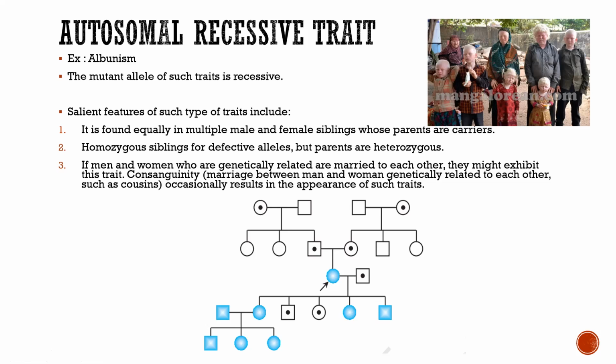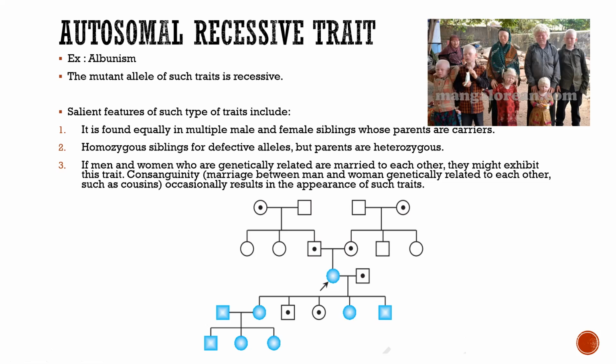But as it has undergone mutation and it is recessive, not dominant, these people will have the deficiency, that is the pigmentation will not take place completely or properly, because of which the skin will be lighter, even the hair will be lighter in color, even the eyelashes will be lighter in color because of the mutant gene which is recessive.